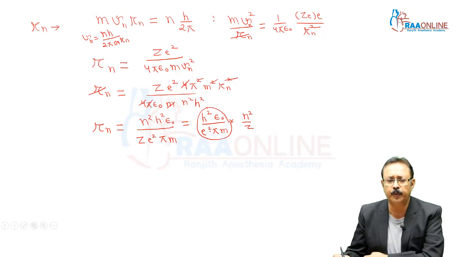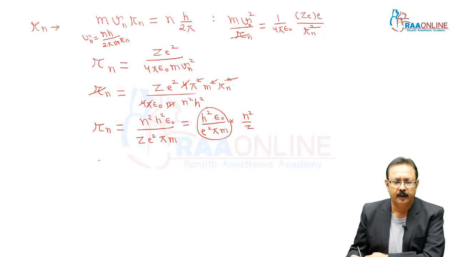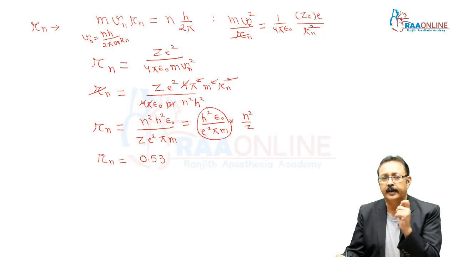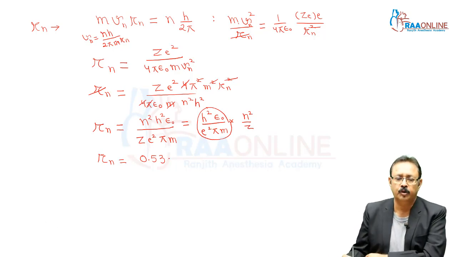If you put all the values, remember this number, you will get a point and unit. You know that n and Z are dimensionless. Distance can be equal to distance only, so this term should have dimensions of length. So you will get 0.53 angstrom. For this number you will get this.